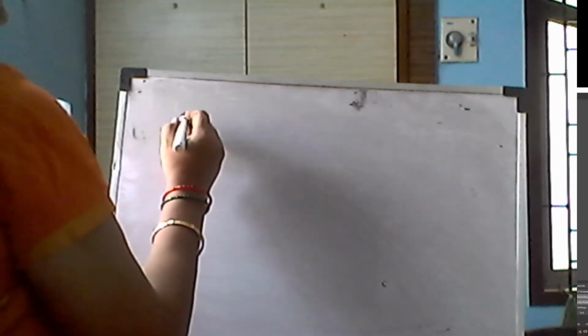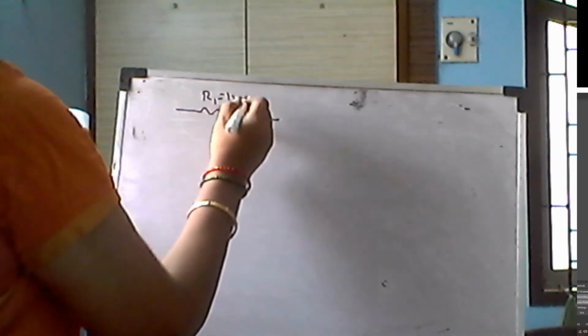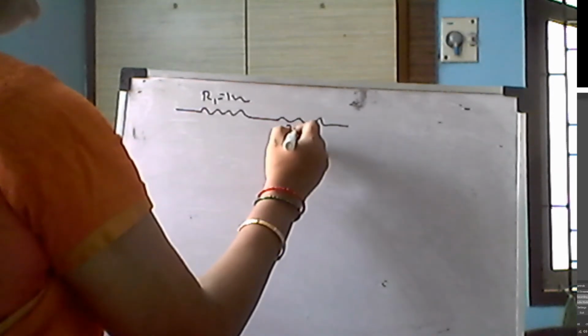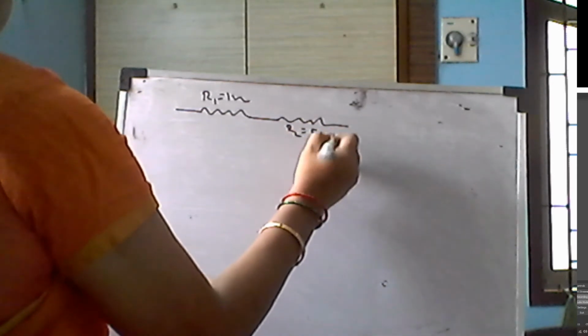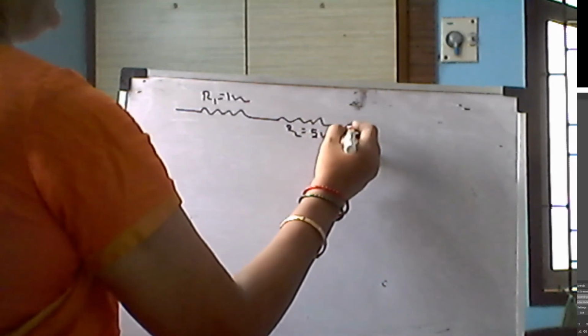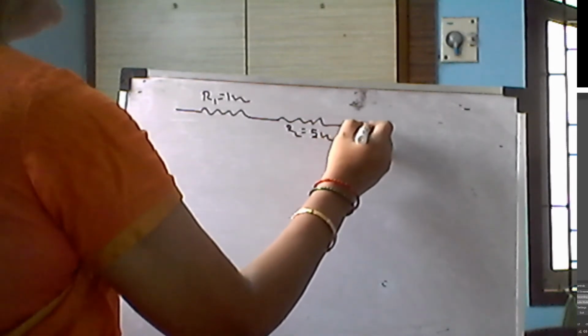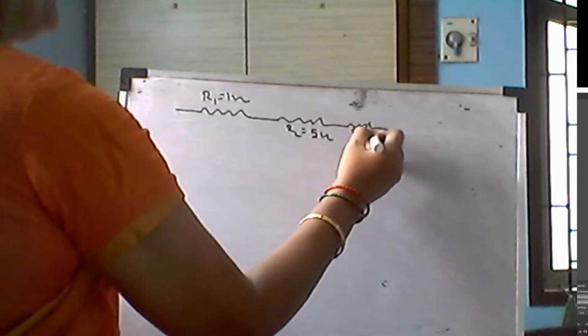See carefully how I am drawing the circuit. This is R1, 1 ohm, R2, 5 ohm, and this is R3, 4 ohm.